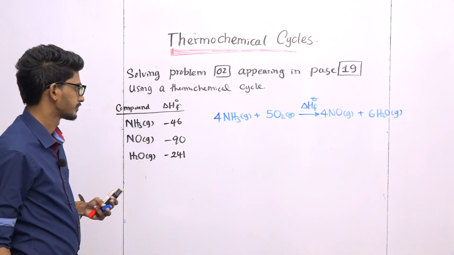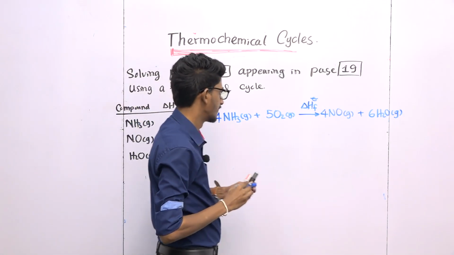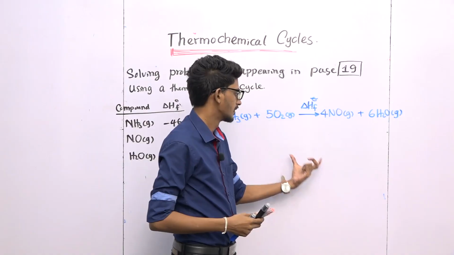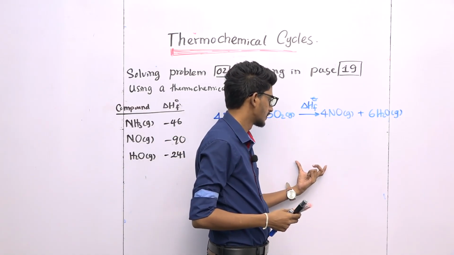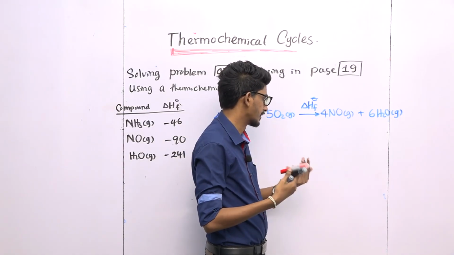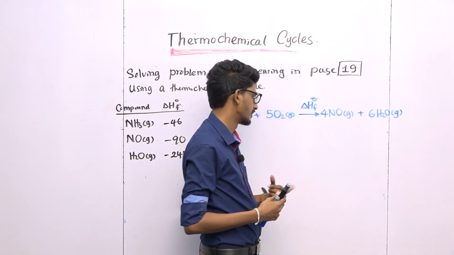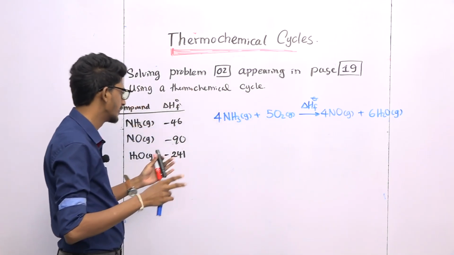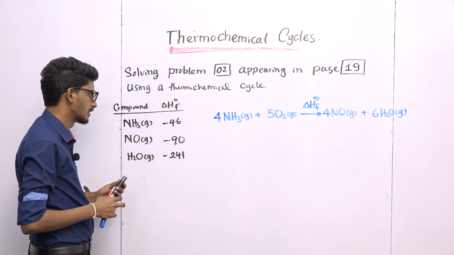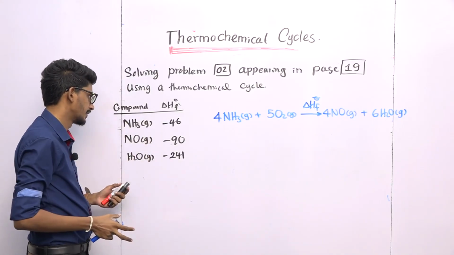First thing to do is constructing a thermochemical cycle, by coming up with the intermediate state. So look at the data. This data involves the formations.